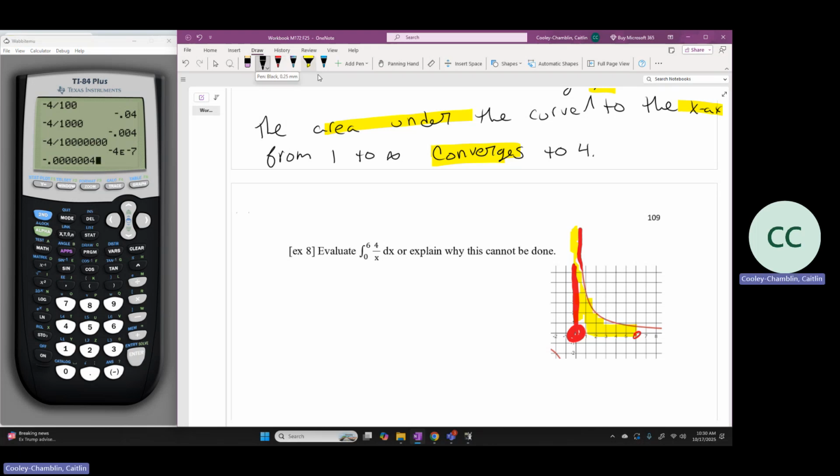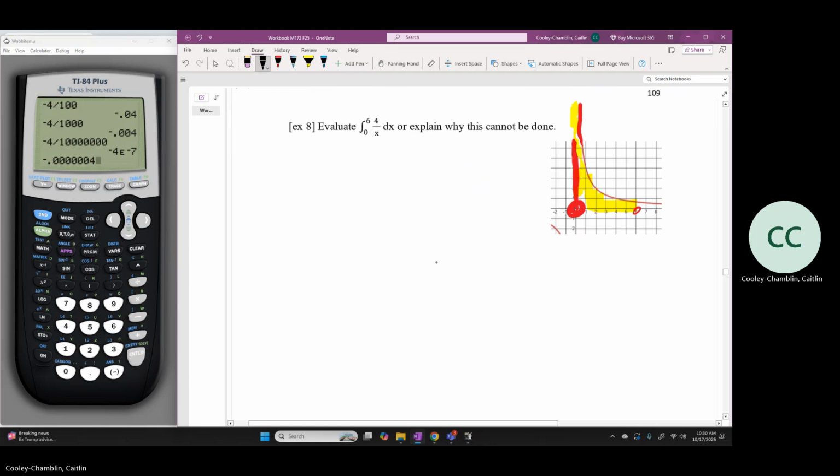So to rewrite this, we're going to say the limit as t approaches 0 of the integral from t to 6 of 4 over x dx. I'm going to integrate this.